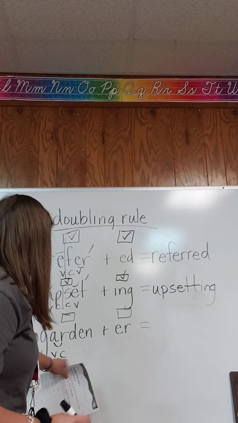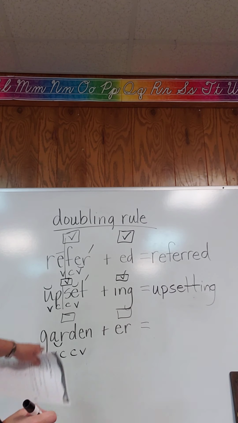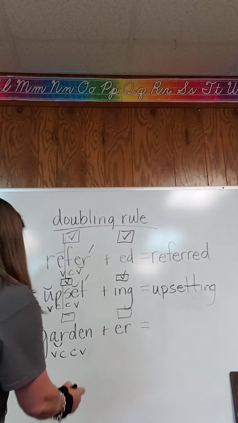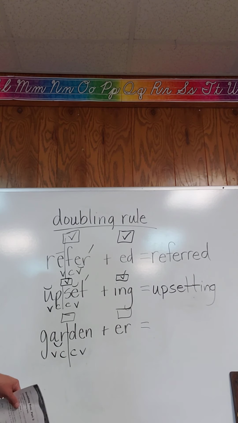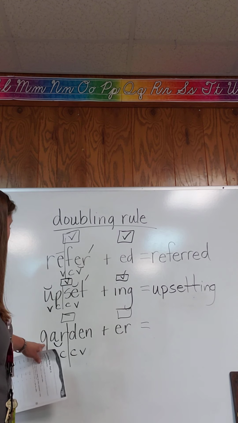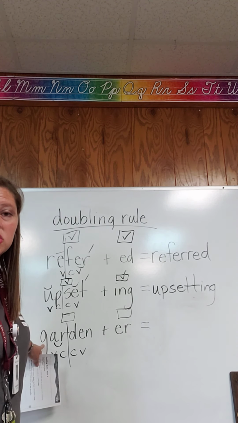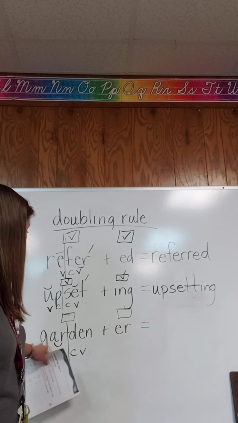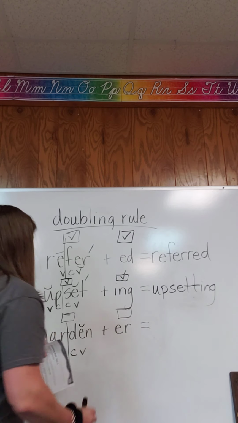So VC, CV. All right. You don't want to split that combination. So your split's going to be here like normal between the 2 consonants. Okay. So you've got, could be hard G or soft G. We know it's garden. So it's hard G that says G, R, gar, D, N, short E, garden.